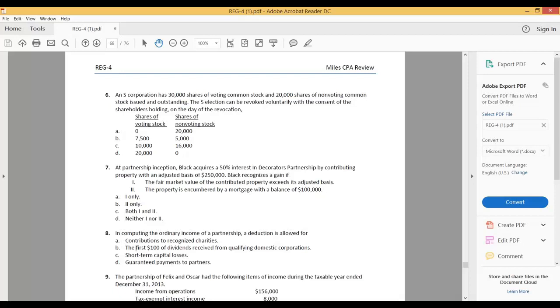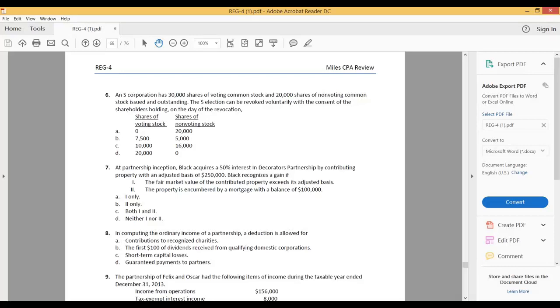A partnership inception. At partnership inception, Black acquires 50% interest in Decorative Partnership by contributing property with an adjusted basis of $250,000. Black recognizes a gain if the fair market value of the contributed property exceeds its adjusted basis. The property is encumbered by a mortgage with a balance of $100,000.